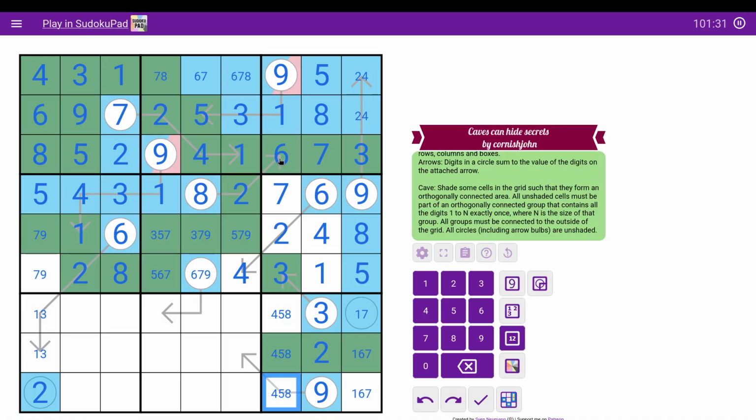This can't be an 8 or a 5. This column has 1 through 5 already, so I'm missing 6 and up. Doesn't feel the most useful, but okay. So 8, 3, 5.